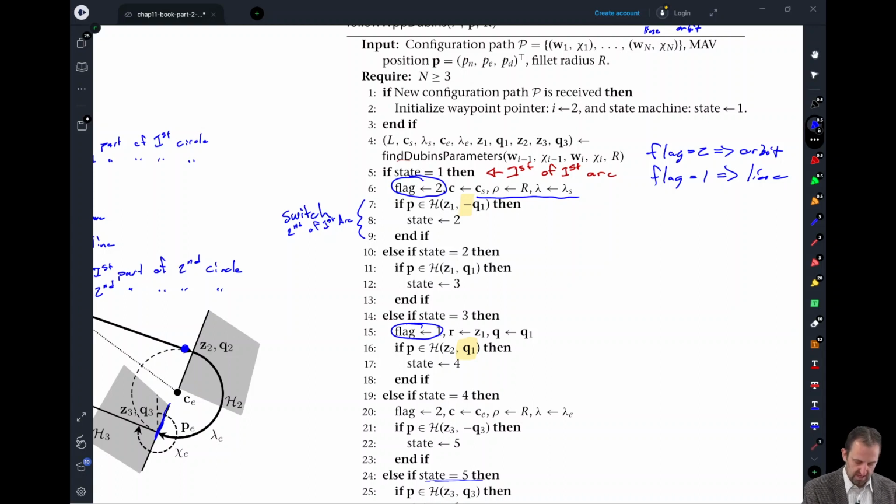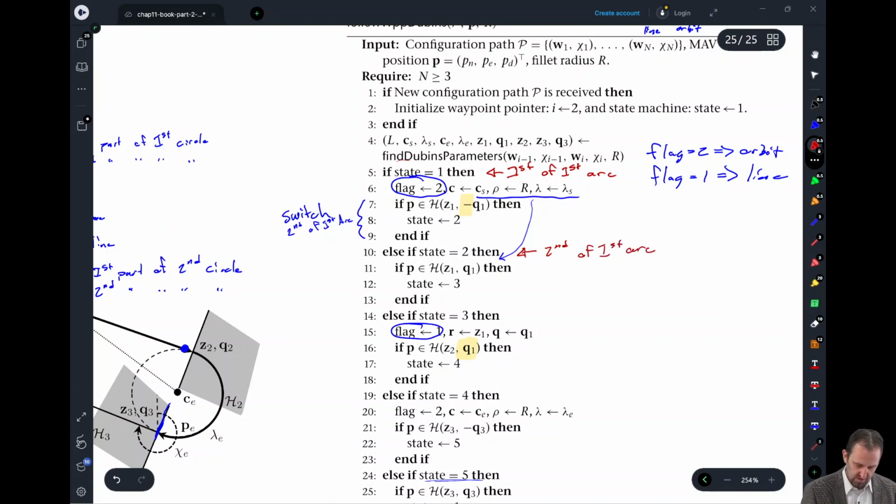If we were to write this out in code, we'd still have these same parameters down here. State 2 is the second of the first arc. And now this is the switching condition we've already discussed. Maybe I should say, this will go from arc 1 to the line.